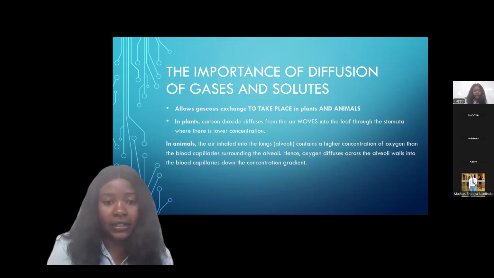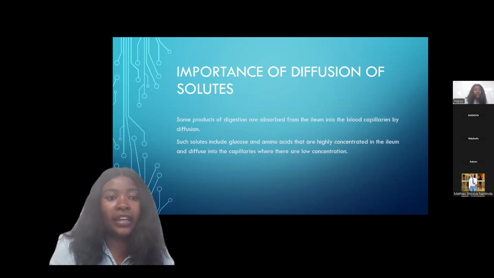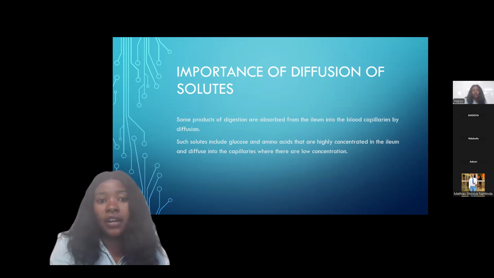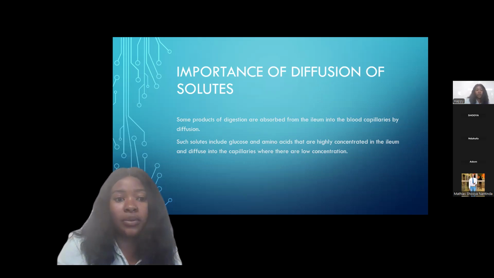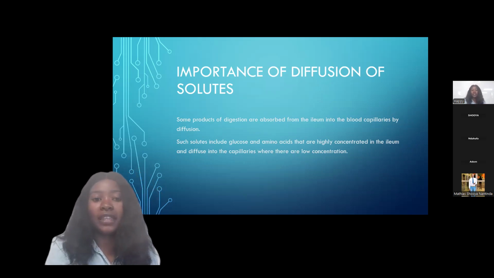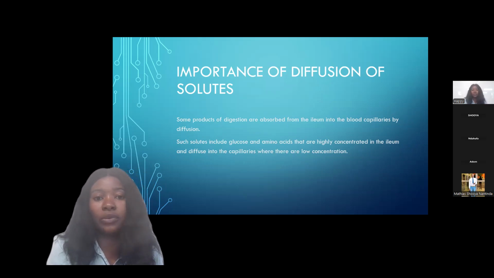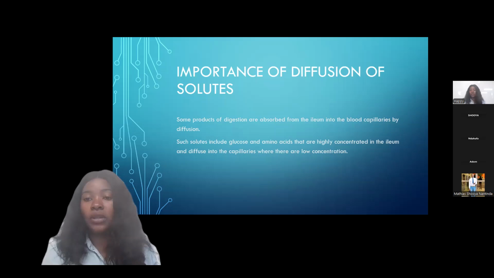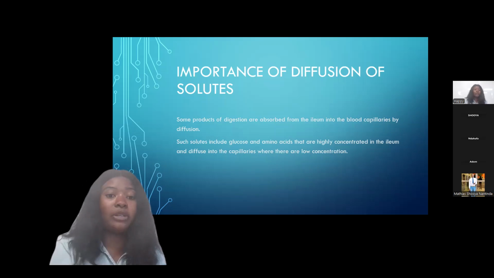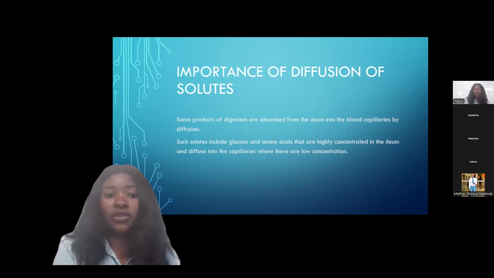All right. And then we have the importance of solutes. For solutes, we are talking about something that has to dissolve, or be absorbed. For instance, when we eat food, that food undergoes digestion.